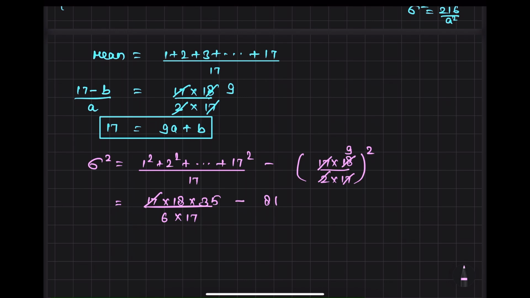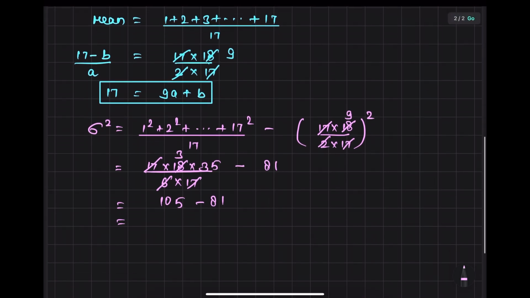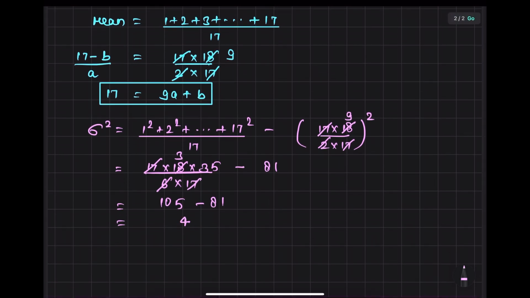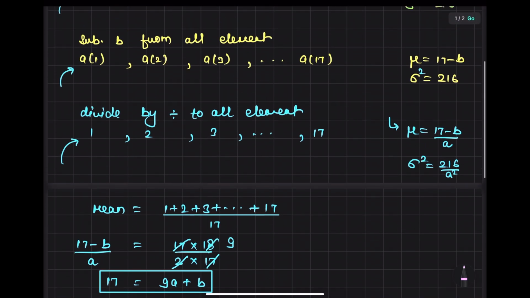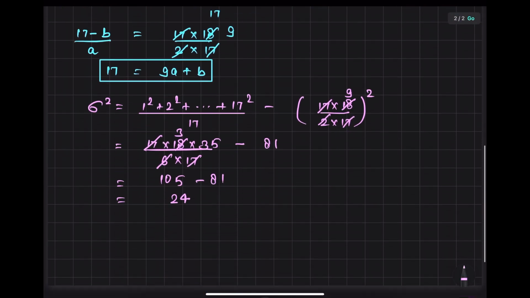Now you can play fruit ninja. This thing is gone, this thing is gone. So we have 5, 10, 81, then we have 4 and we have 2, 24. So according to us, the variance is this, but according to the observation, the variance is 216 by a square.